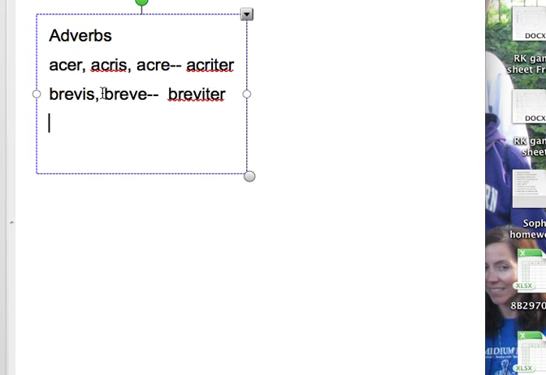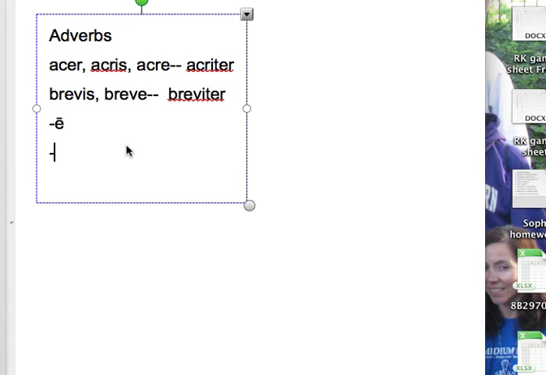Or brevis, breve means brief, breviter means briefly. So here's the deal. Ultimately, you should be aware of the fact that words that end in long E could be adverbs, but likewise, words that end in ITER could be adverbs as well. And really, that's all I require you to know at this point.